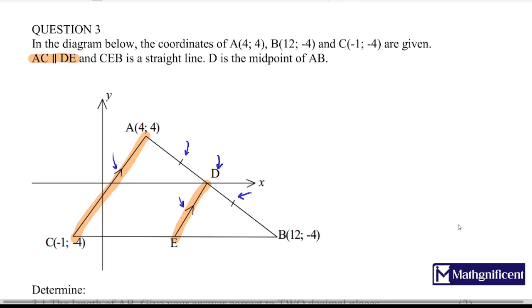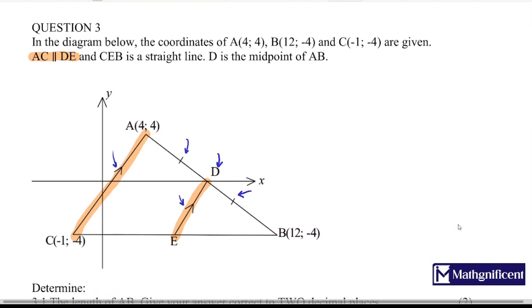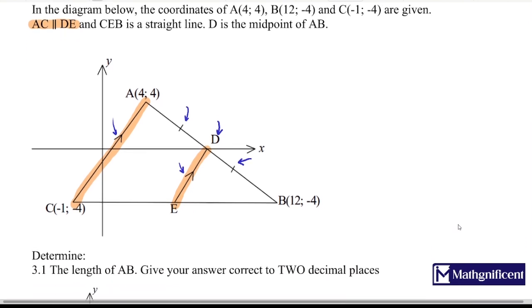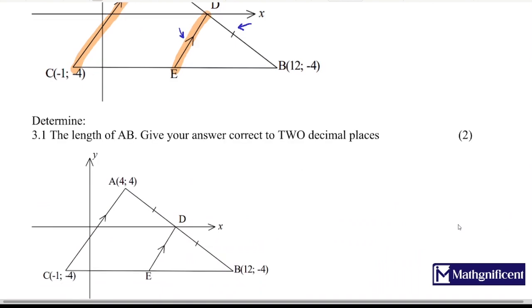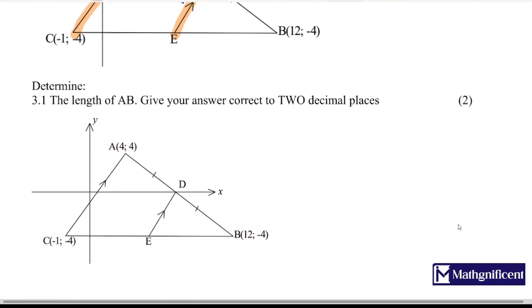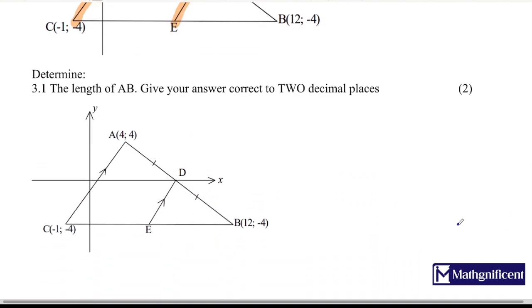So now going forward to our next question here, which is the first question. It says that we should determine the length of AB, and we must give our answer correct to 2 decimal places. So what do we know so far from this line that they are referring to? They are referring to line AB here, which is this line here.